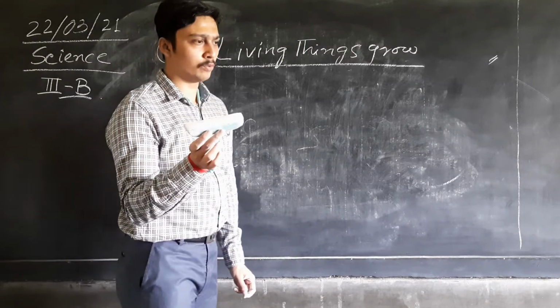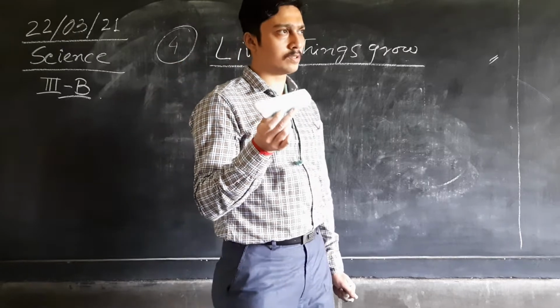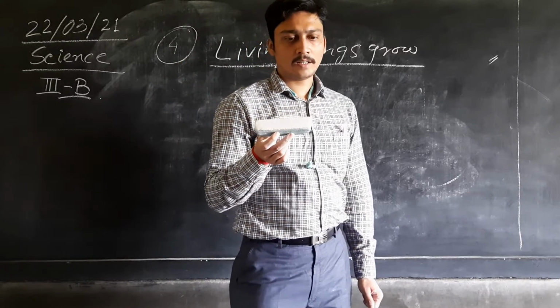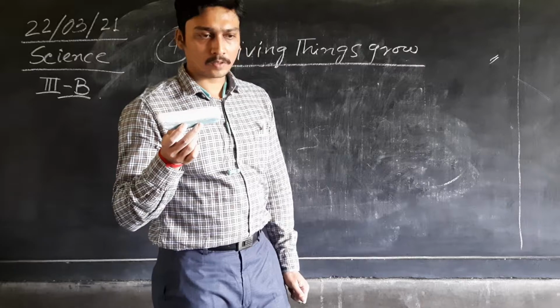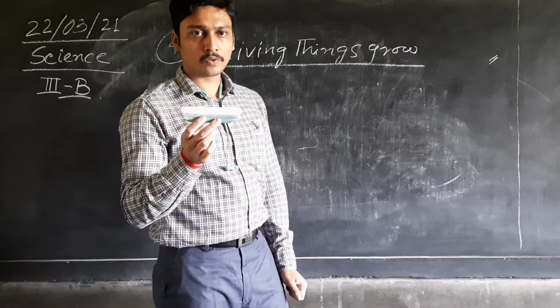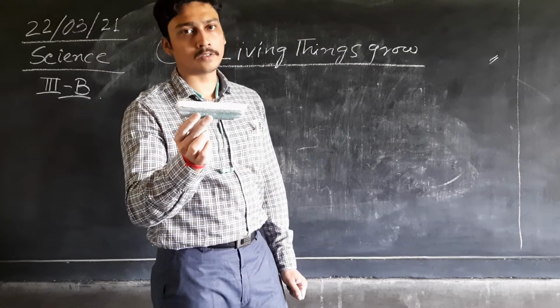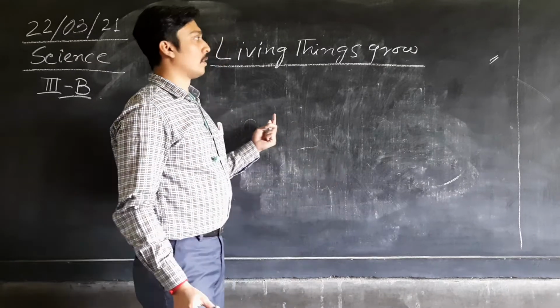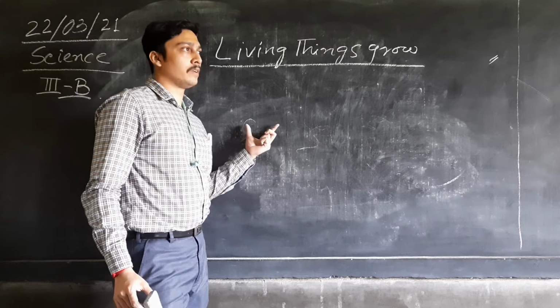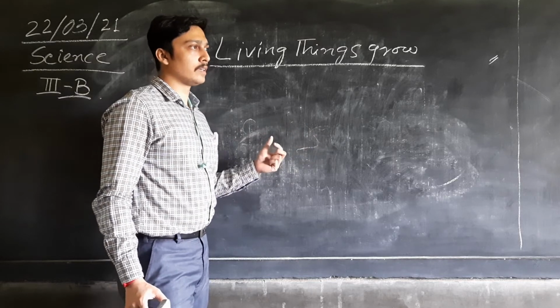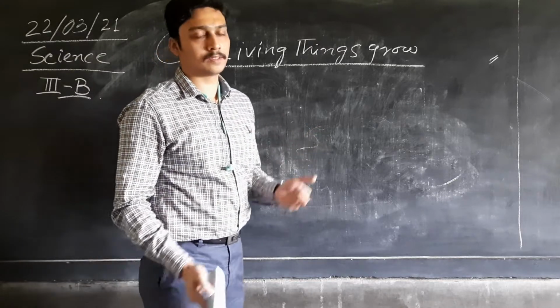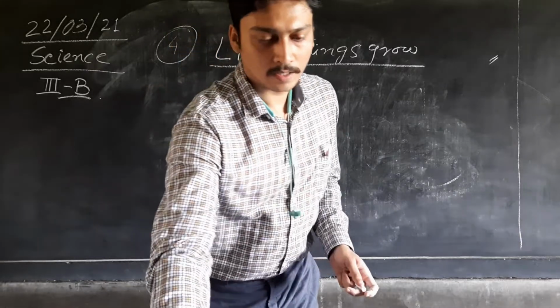They don't take food. They don't breathe. So they don't grow because this is a non-living thing. So here is the main difference between living things and non-living things: living things can grow and non-living things cannot grow. Okay.